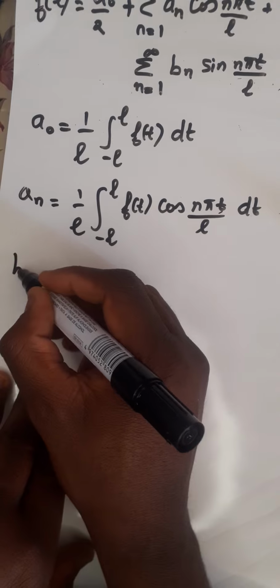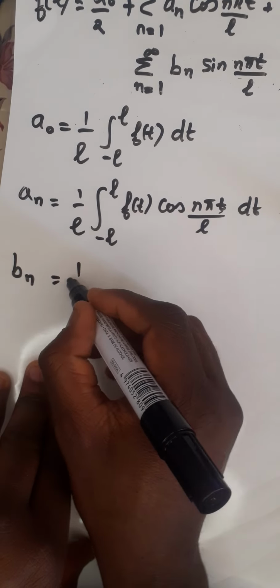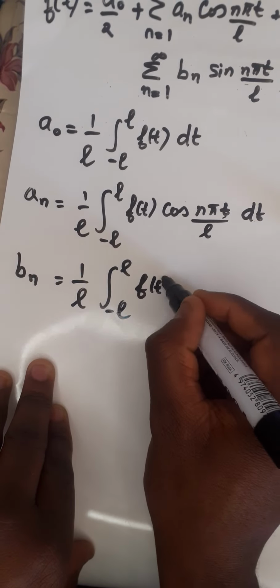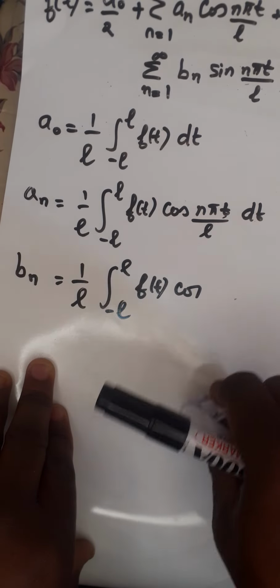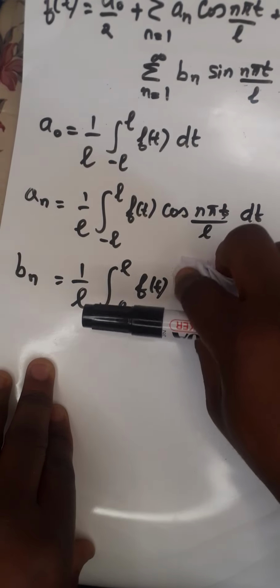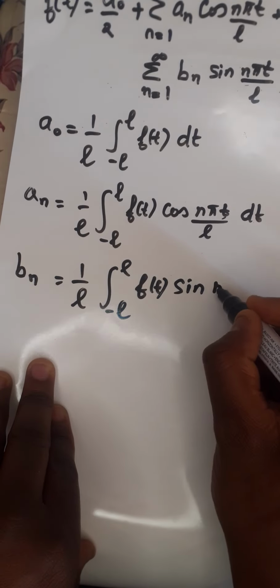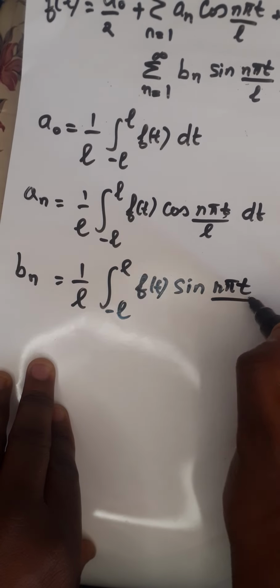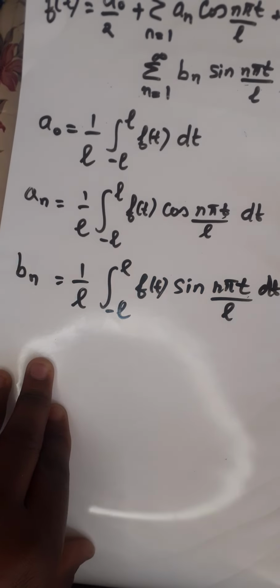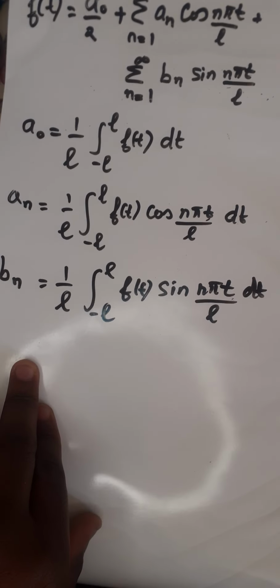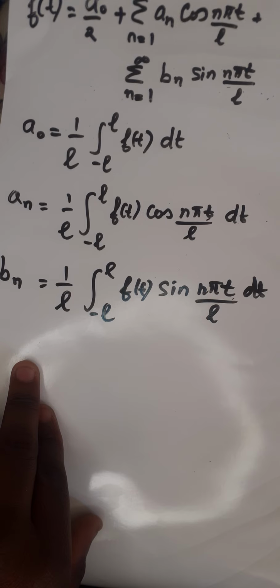And then my bn will be equal to 1 over L, integral of f of t times sine, because b goes with sine always. Those are the basic things that you have to know.